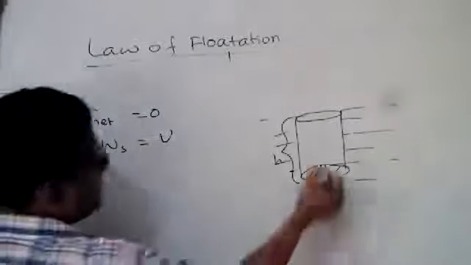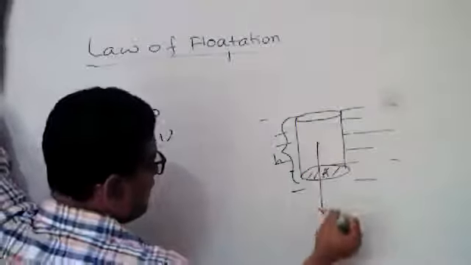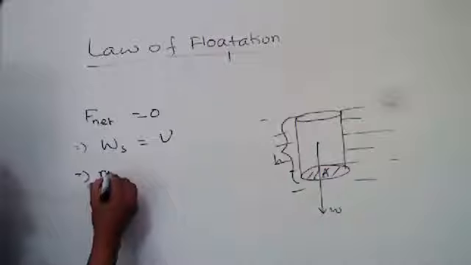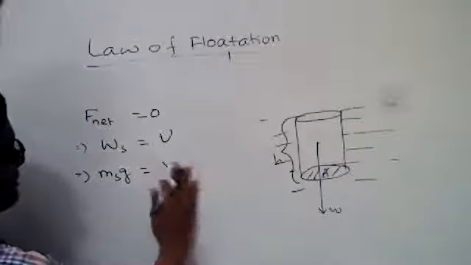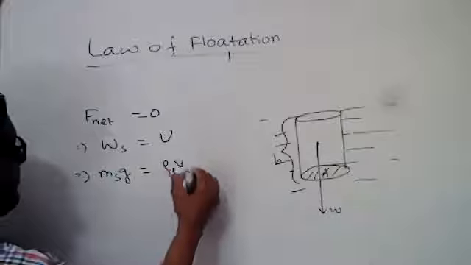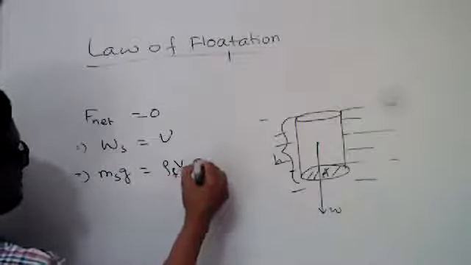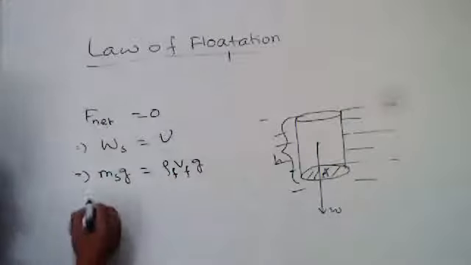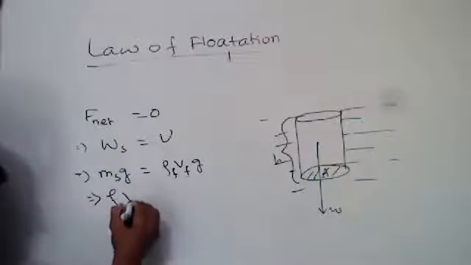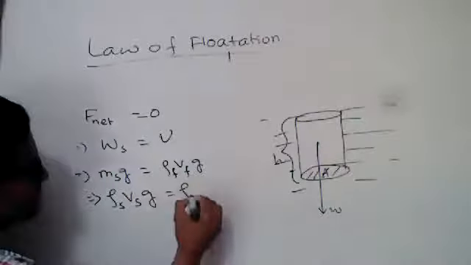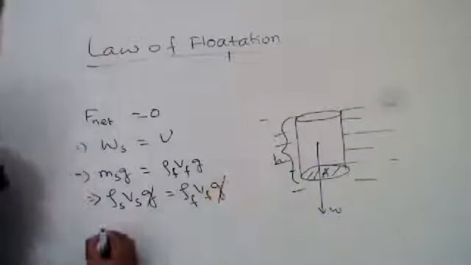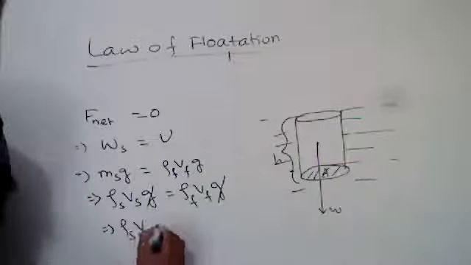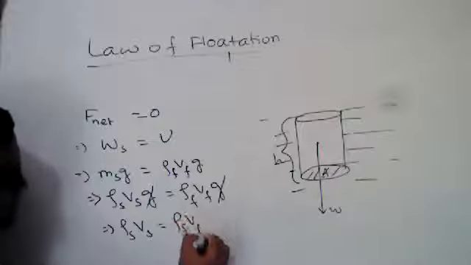Weight of the object acts in this direction, and it is MSG, and buoyancy will be rho f VF into G. So MSG equals rho S VS into G equals rho f VF into G. So rho S VS equals rho f VF.